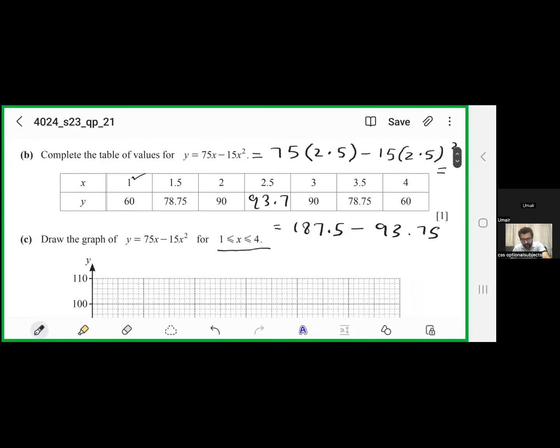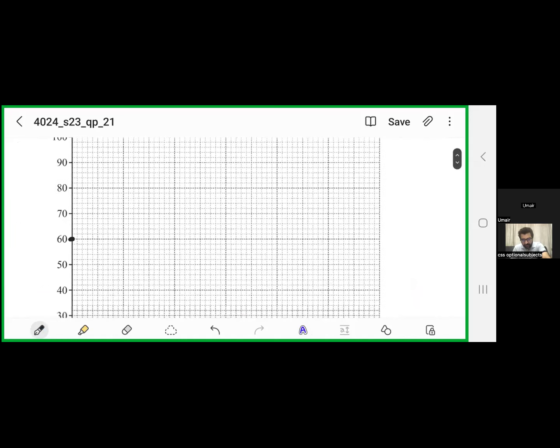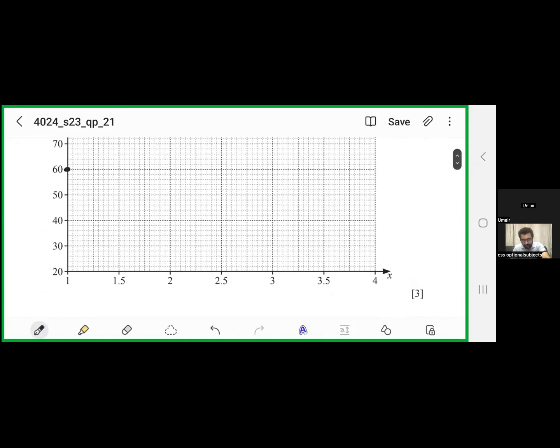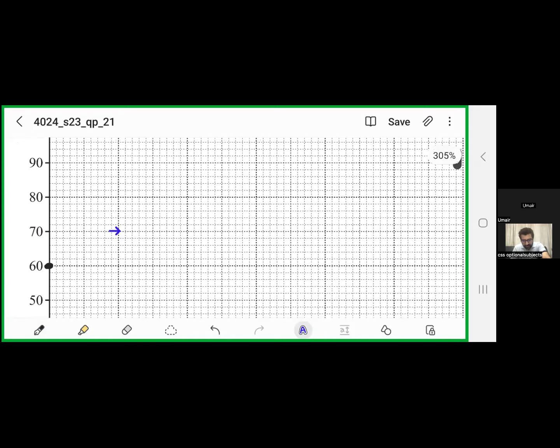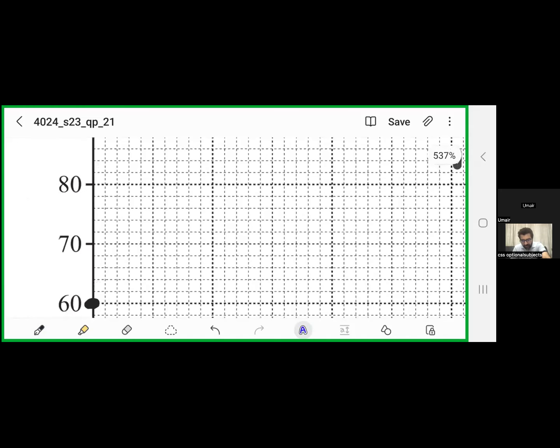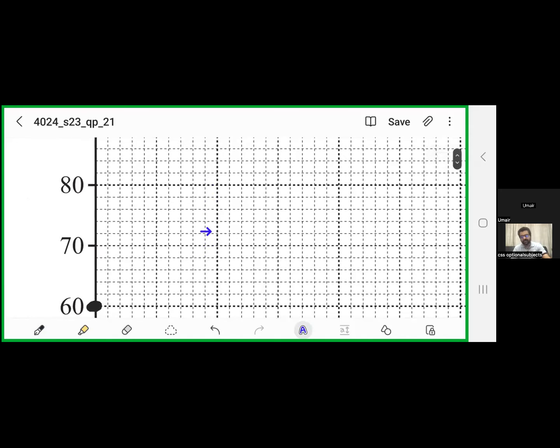Then 1.5 and 78.75. Value of x is 1.5 and y is 78.75. This is 70. This is 80. So let us see how many divisions there are between 70 and 80. 1, 2, 3, 4, 5.